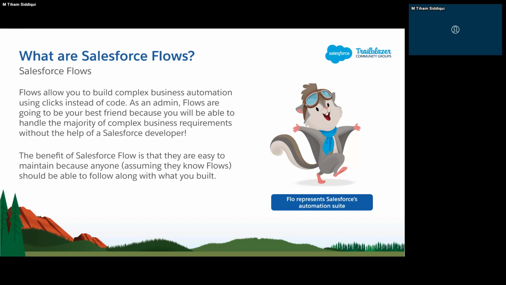This is also known as a no code or low code approach. The character you see on the right hand side, Salesforce creates some characters to represent their products. So this is called Flo, the flying squirrel. This represents the flows.